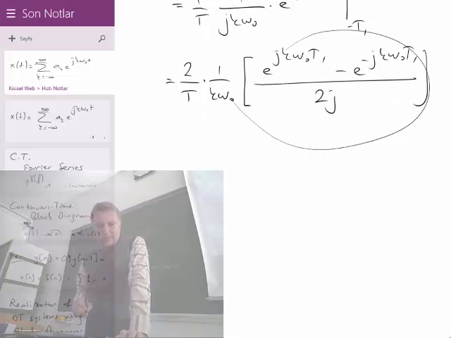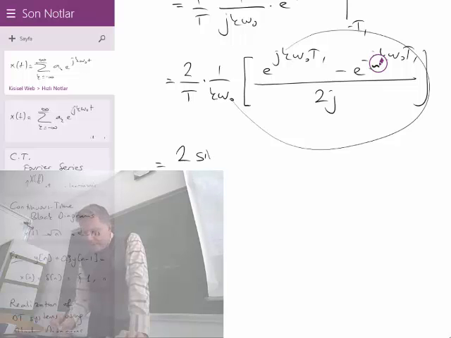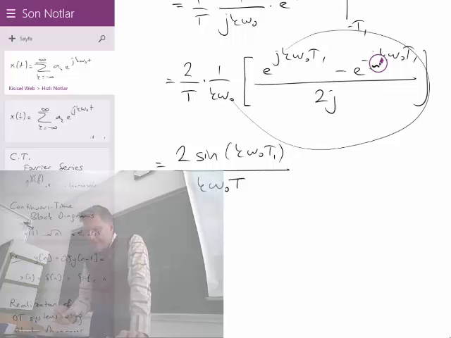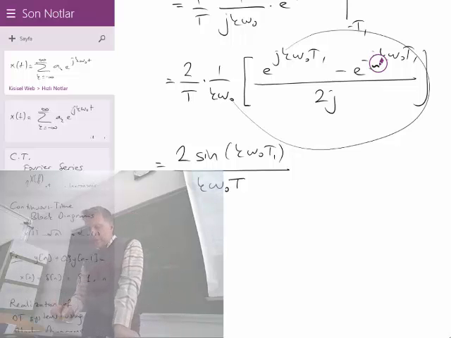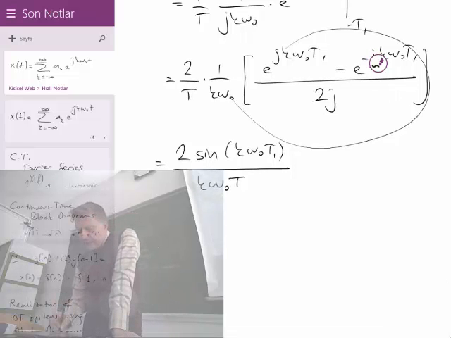And when we expand it, that would correspond to 2 times sine k omega 0 t1 divided by k omega 0 capital T. Perhaps I should have cancelled some of the terms and simplified beforehand, but now we can do that. Do you remember what omega 0 is?